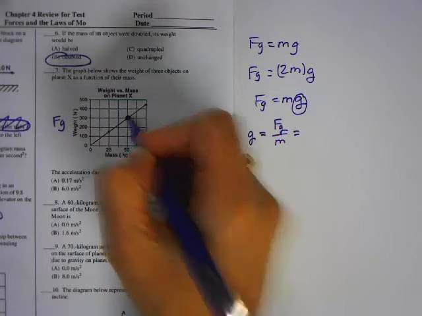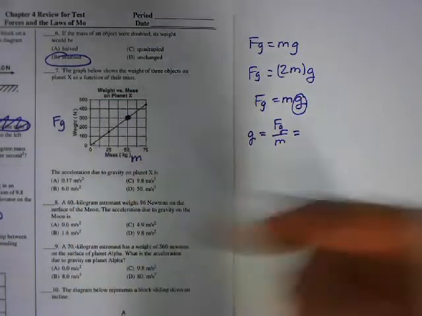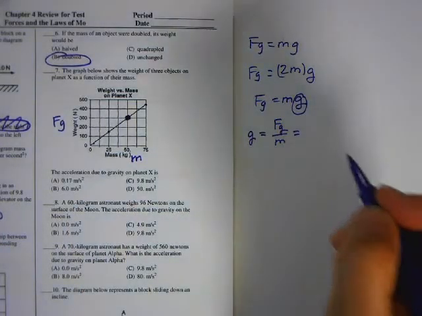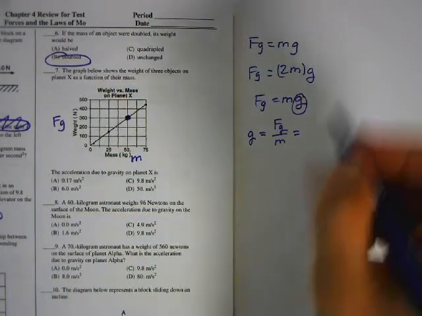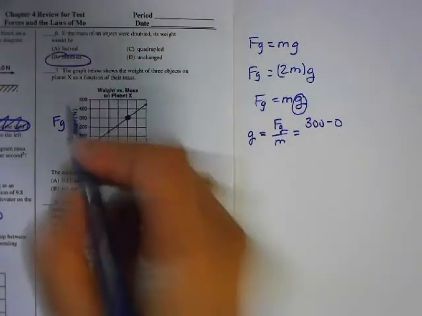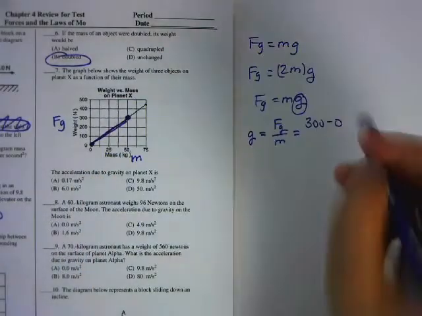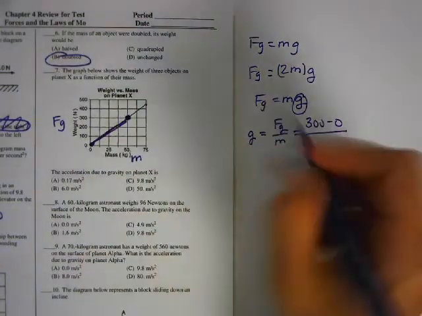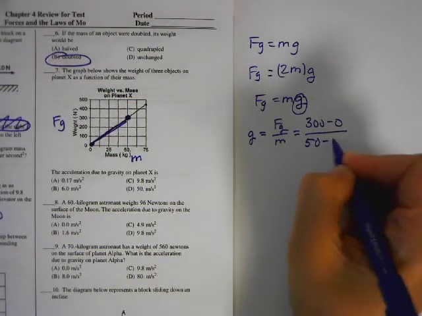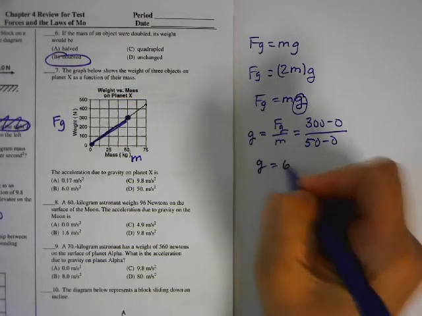To me, this is an easy point. So now I can do my endpoints here. I'm going to do delta y over delta x, which is the same thing. So this is 300 minus 0, again, here are 2 points to do the slope, divided by 50 minus 0. So 300 divided by 50 is equal to 6.